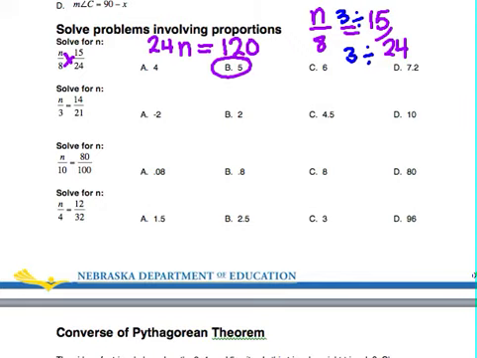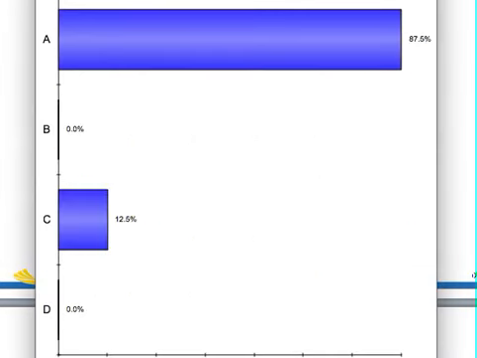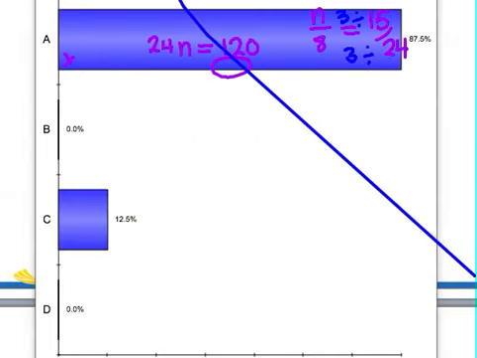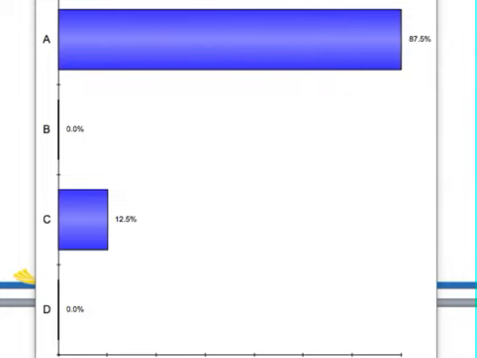So if you get stuck when you take your test, try and eliminate, because right away you could eliminate D, and you could eliminate C, and you could eliminate B. So that leaves your answer to be A. Once again, look at eliminating to see if you can get rid of some of those. Let's go ahead and look at the next page, and this is probably where we're going to end today.